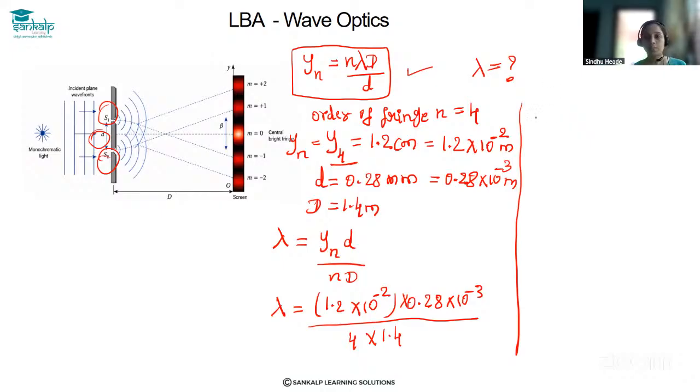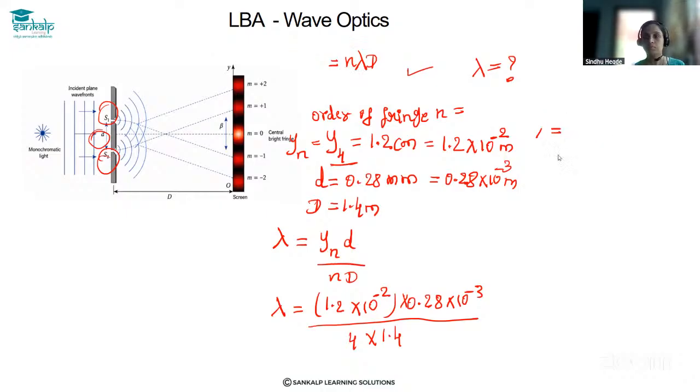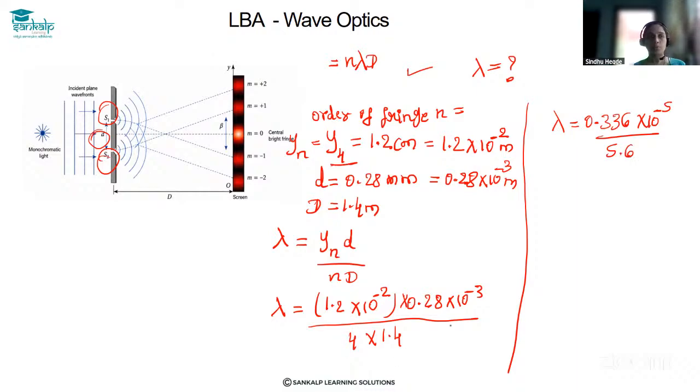Now simplify the expression. We get lambda is equal to 0.336 into 10 raised to minus 2 into 10 raised to minus 3, which becomes 10 raised to minus 5, divided by 5.6. 4 into 1.4 is 5.6. We get lambda is equal to 0.06 into 10 raised to minus 5.